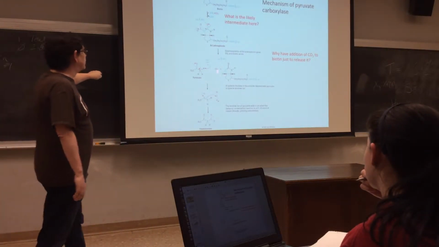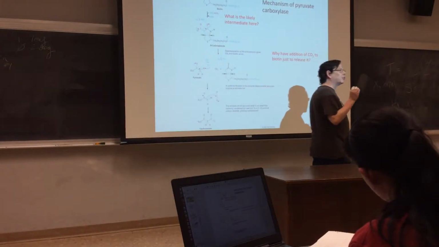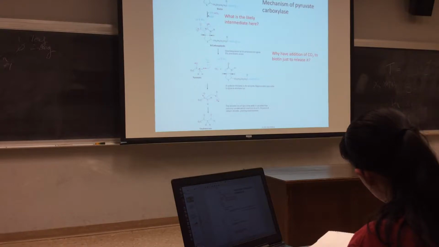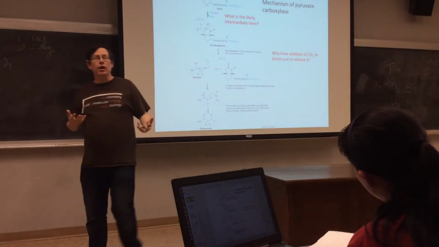In this particular instance, what I wanted to point out was, just as in C4 plants, remember, we had sequestration of carbon in one cell and delivery at a higher concentration to another cell for uptake and for addition.